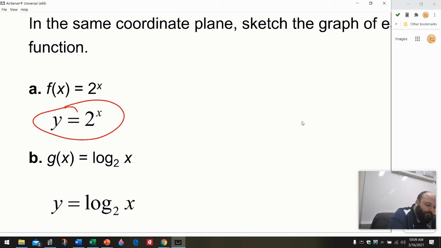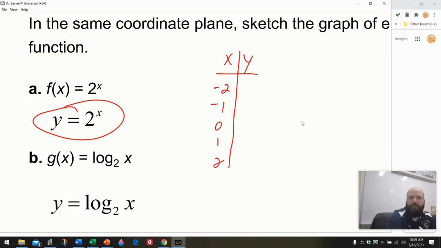Now to graph that, I'm just going to simply make a table. -2, -1, 0, 1, and 2. Now substituting each of those x values in for the x right here, I will get the following y values. 1/4, 1/2, 1, 2, and 4.